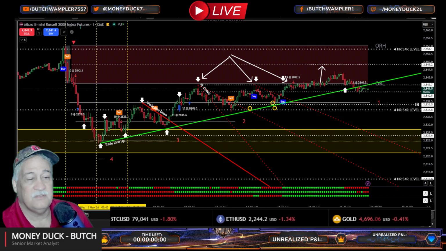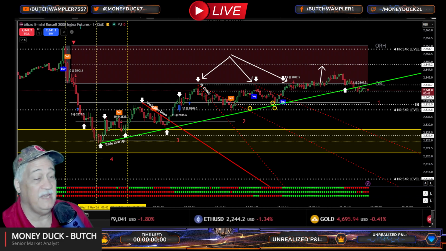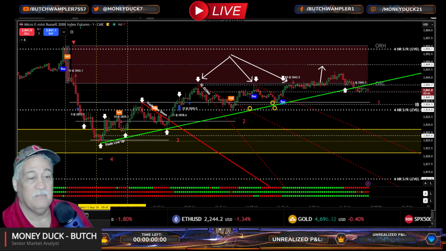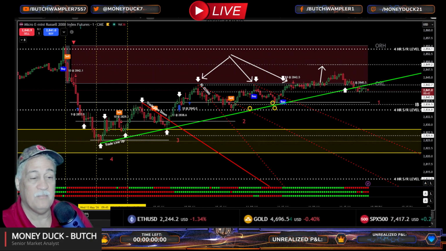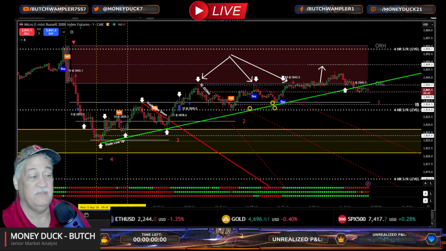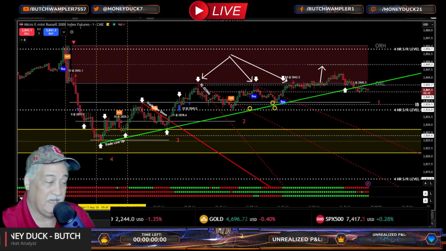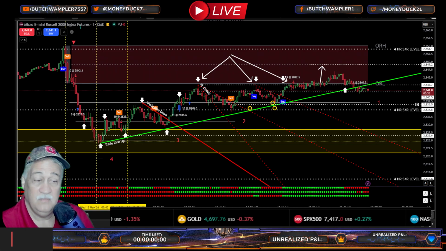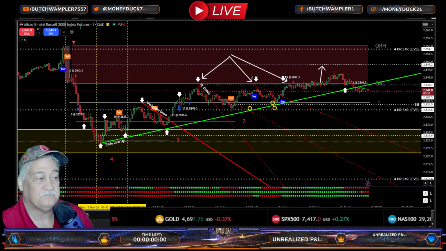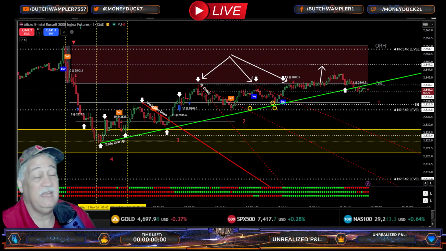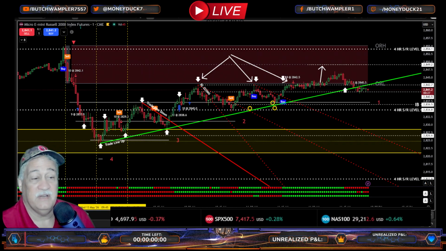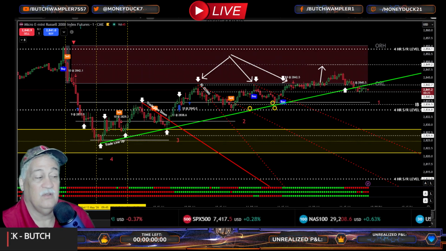But that threw us into a negative 230 on the day. And then by closing out part of that third trade, that put us into less of a negative day, and I'll take it. So for this session, it is a losing session for me, but it's negative 121 instead of negative 230. And again, I'll take that on a day. You should be willing to take that on a day.